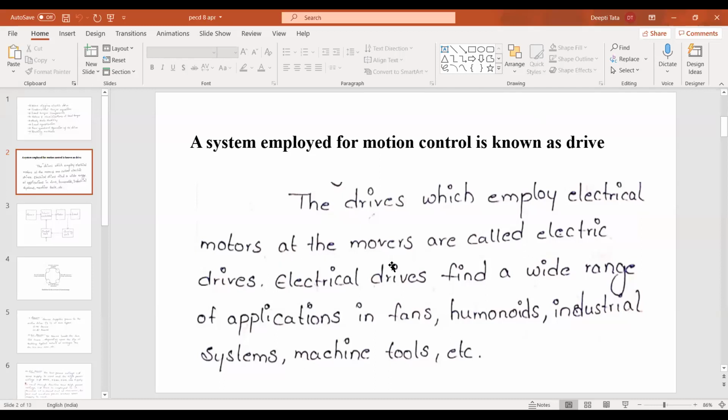See this statement here: the drives which employ electric motors as the prime movers. It is the part where these drives are located, and some of the wide range of applications are listed here. These are fans, humanoids, industrial systems, machine tools, etc. And nowadays, these electrical drives are used in a number of places, like locomotives, traction, etc.